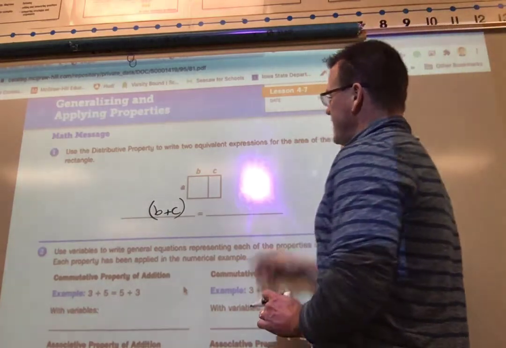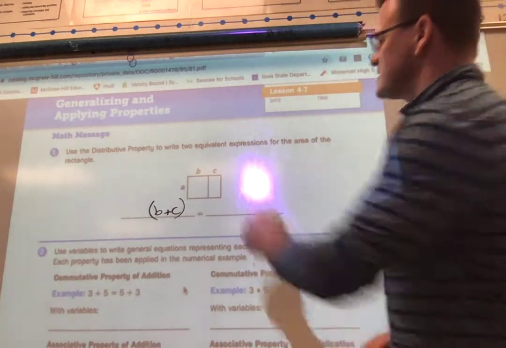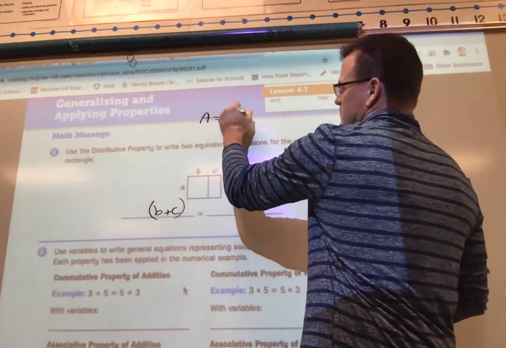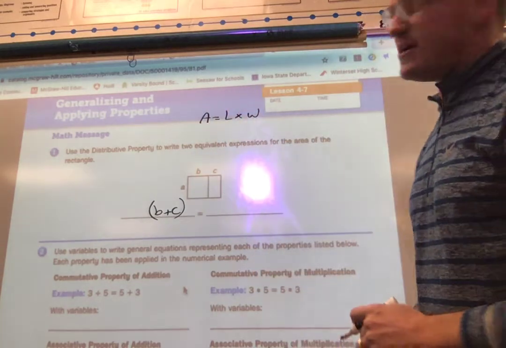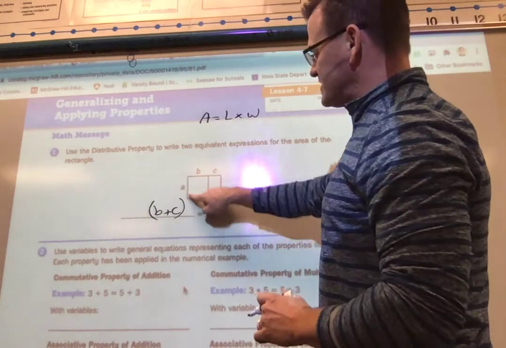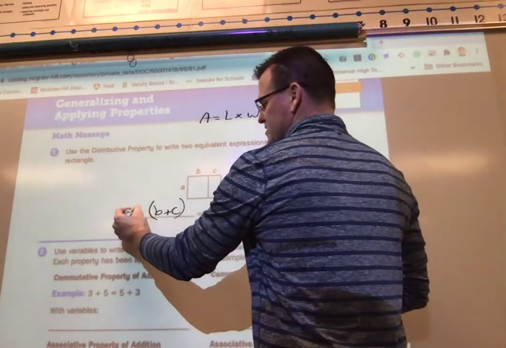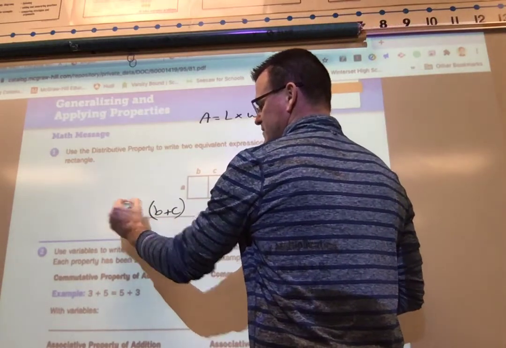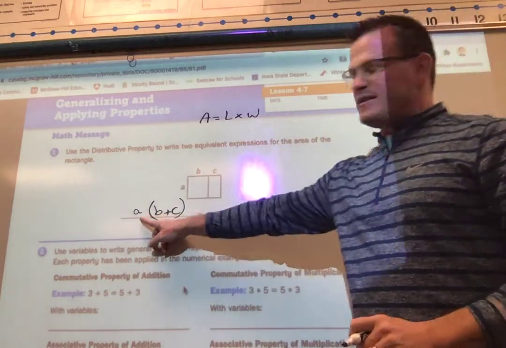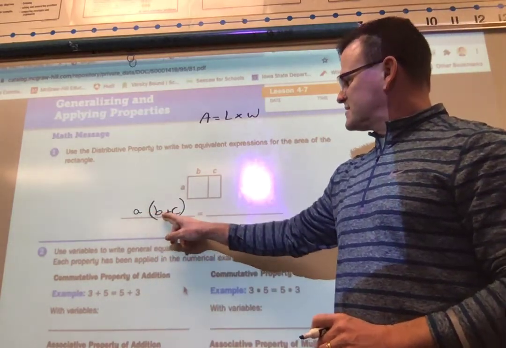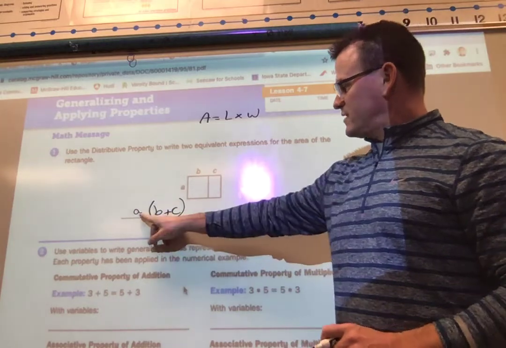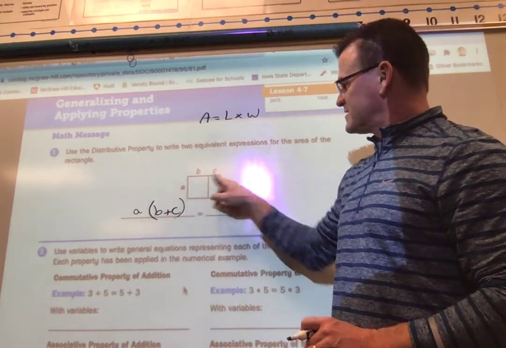And I know to find the area of the rectangle, we just take length times width. Length times width is area. I already have the length, I just need to take it times the width. In algebra, I don't need to use a multiplying sign. I can say this is A times whatever B plus C is. So really, it's just this width times this length.